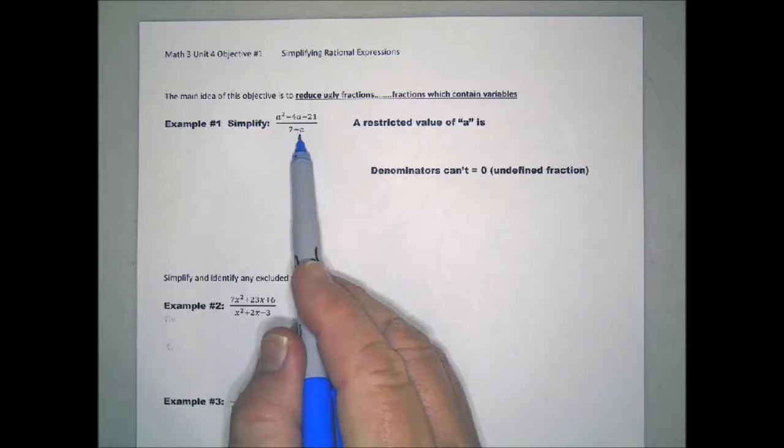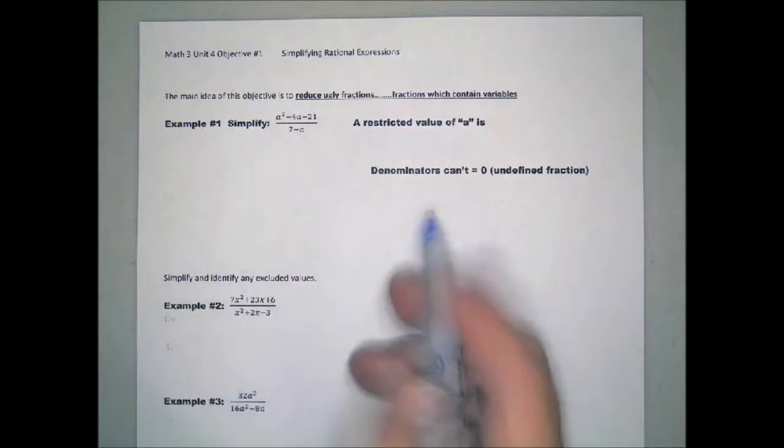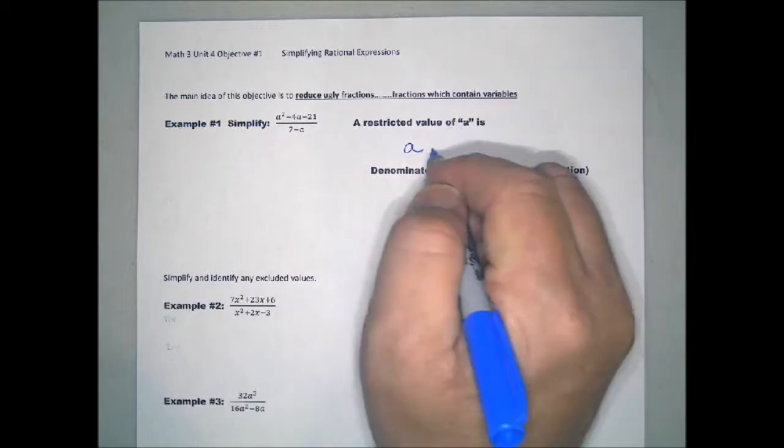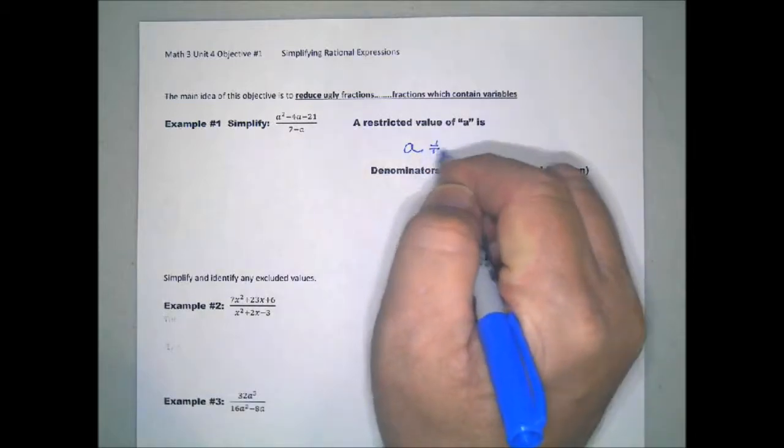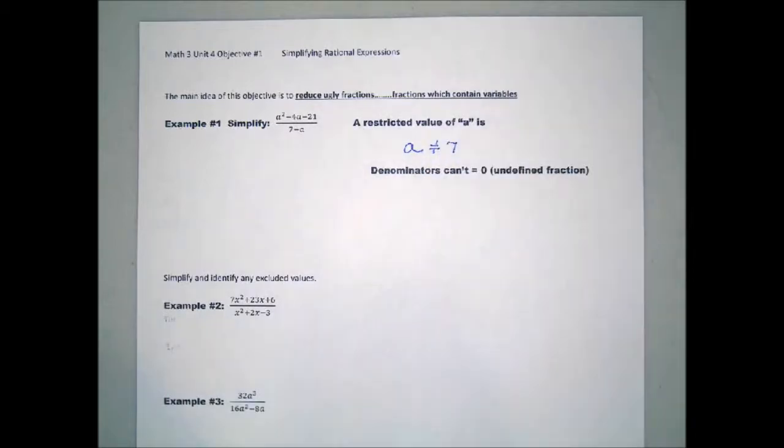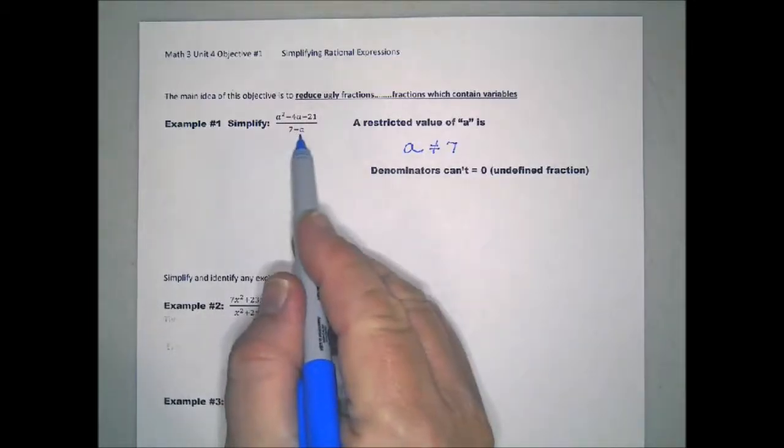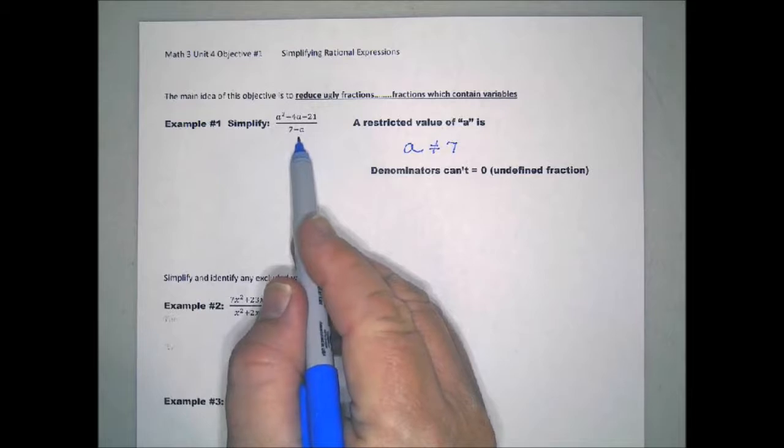So we already know our restricted value. A cannot equal the value 7, because if it did, 7 minus 7 is 0, and suddenly we would have an undefined fraction. We don't want an undefined fraction.